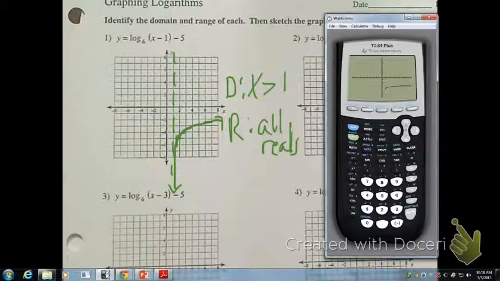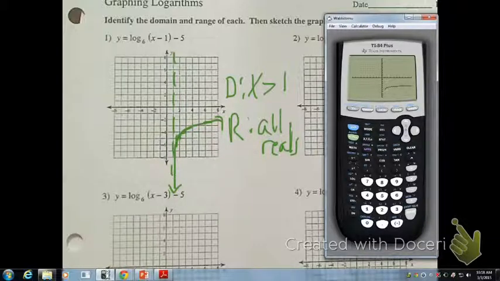Because if we reflected it, if we were up here and we reflected it, would it still have that same curve? Does our curve still go into infinity? Mm-hmm. What about over here? If we had a curve going like this, would that still be all y values? Yeah. So that is a pattern. Your range for logs will always be all reals.